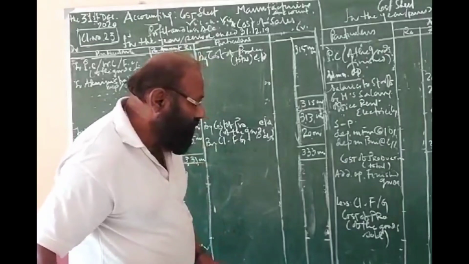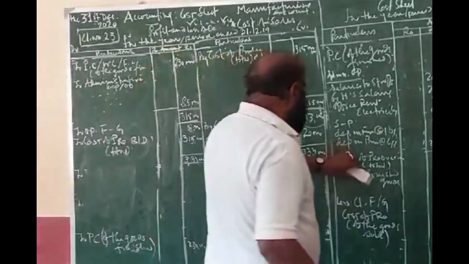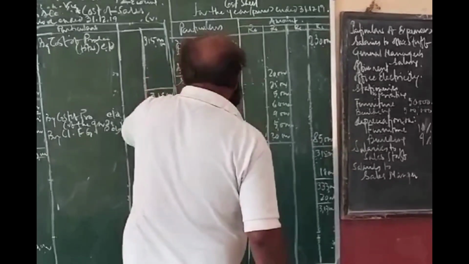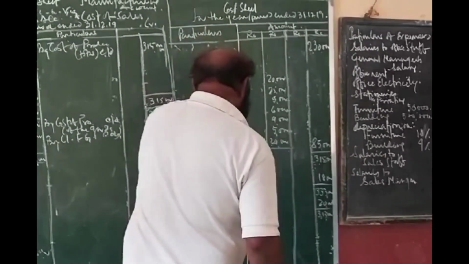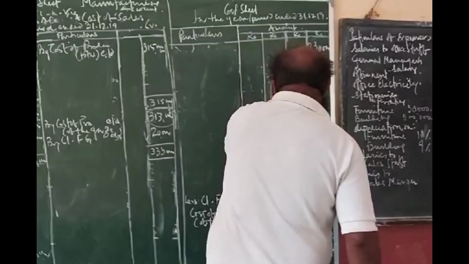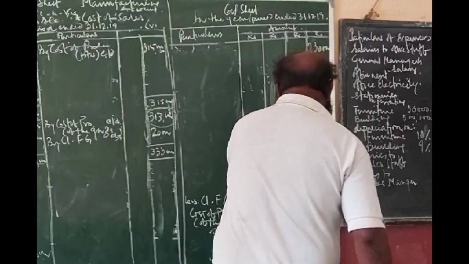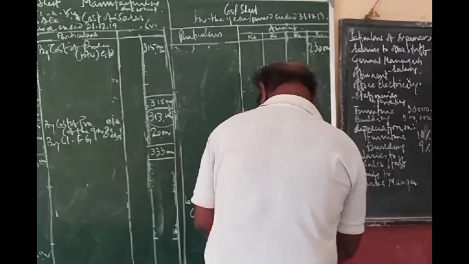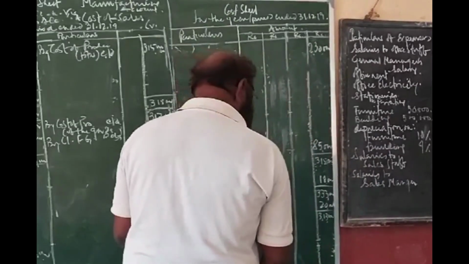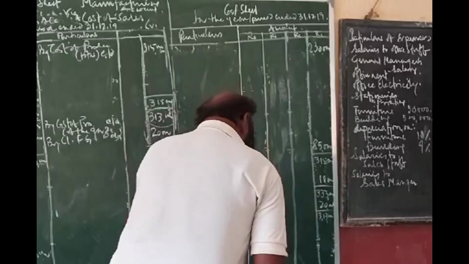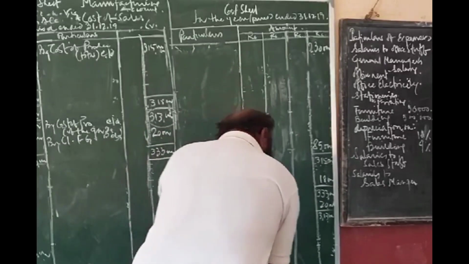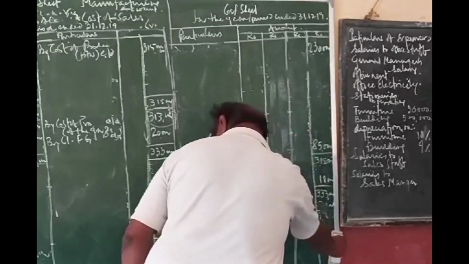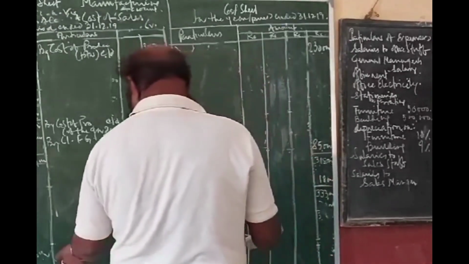Clear? Now again I have to rub it. Here 13,000, no?